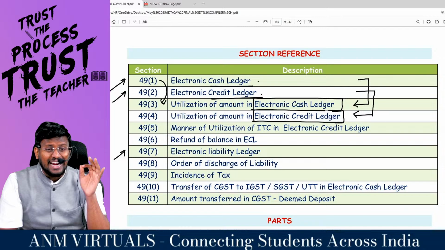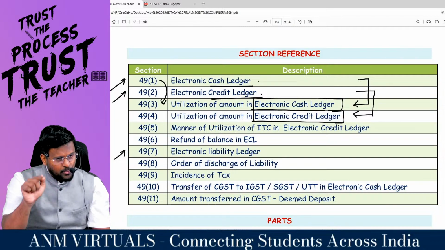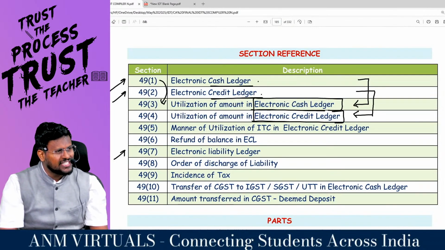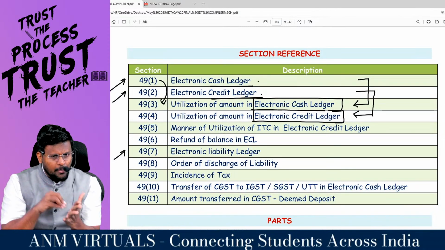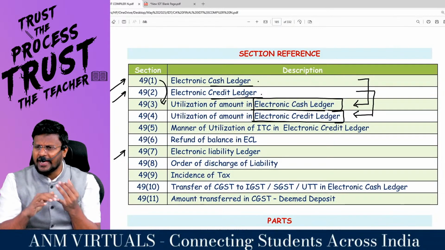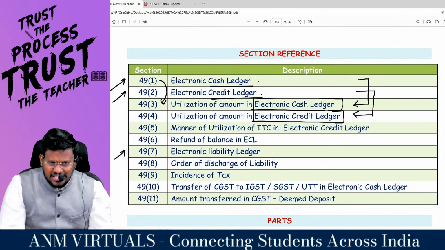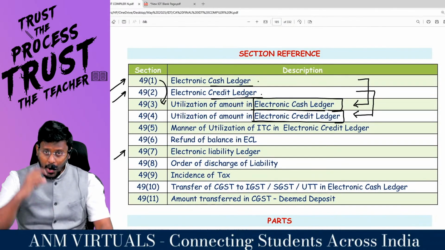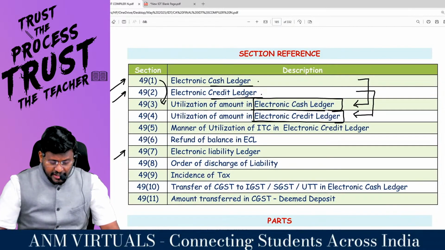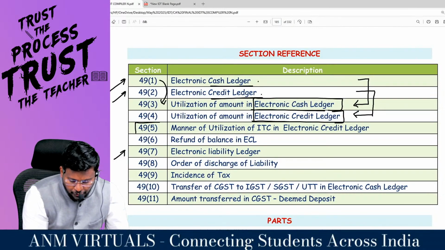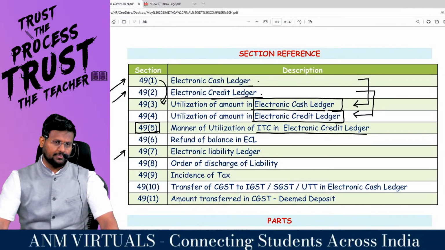If the purchase is intrastate, the supplier would have collected CGST and SGST, or UTGST as the case may be. So the balance available in the electronic credit ledger may be IGST or CGST or SGST or UTGST as the case may be. For what all one credit, for example IGST credit, can be utilized is explained in 49 subsection 5: manner of utilization of ITC in the electronic credit ledger.